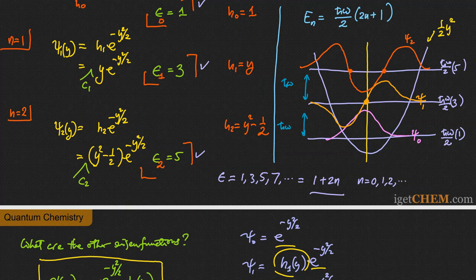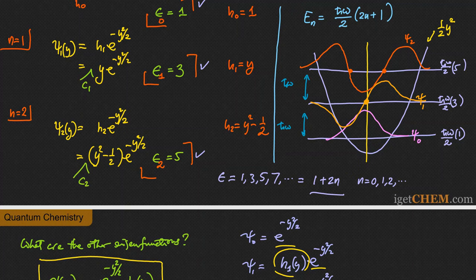But for the harmonic oscillator, you see that the wave function actually becomes broader as you go to higher and higher eigenenergies. So that is essentially the nature of all the wave functions in the harmonic oscillator and the eigenvalues associated with them.